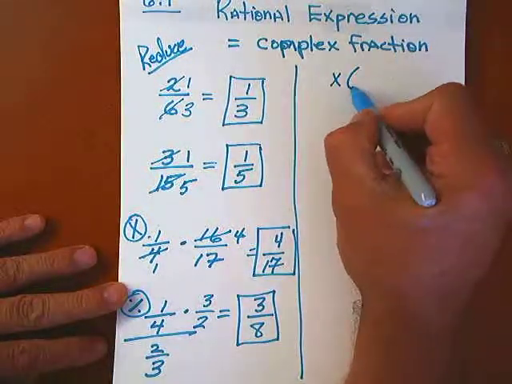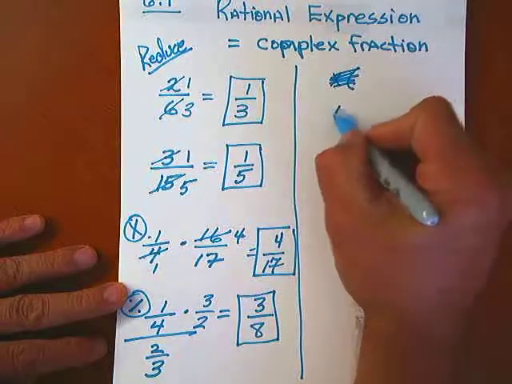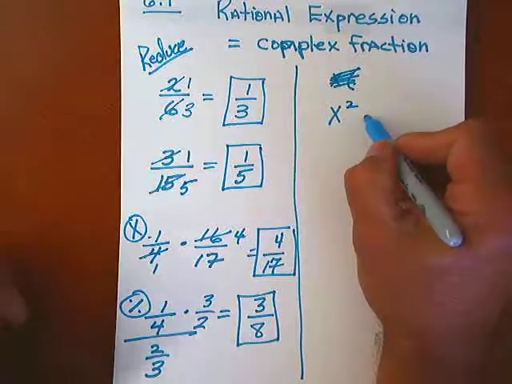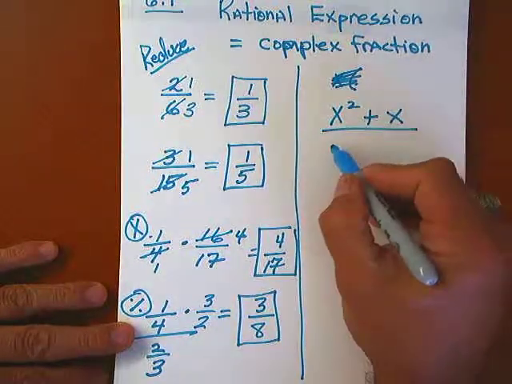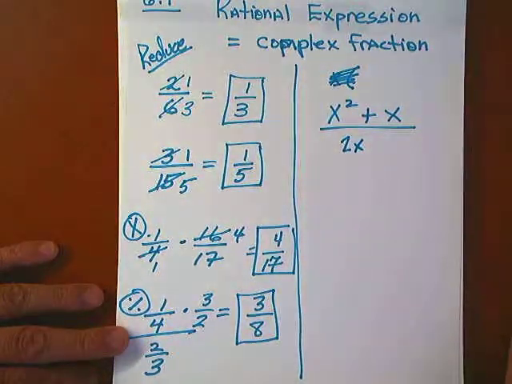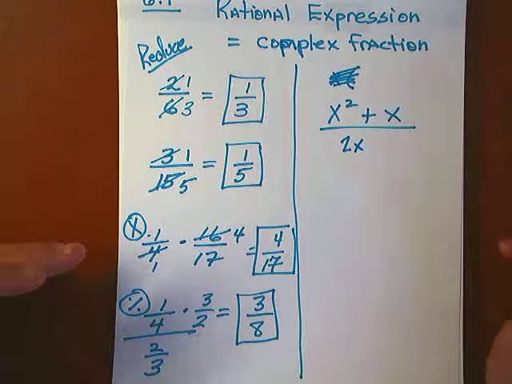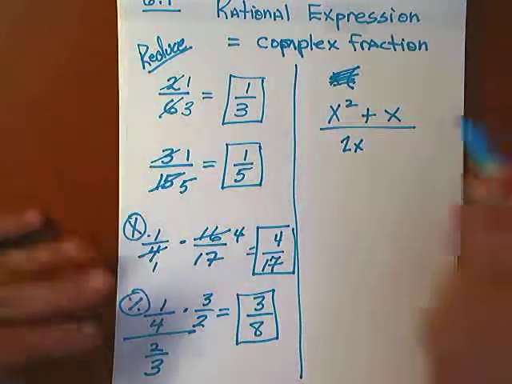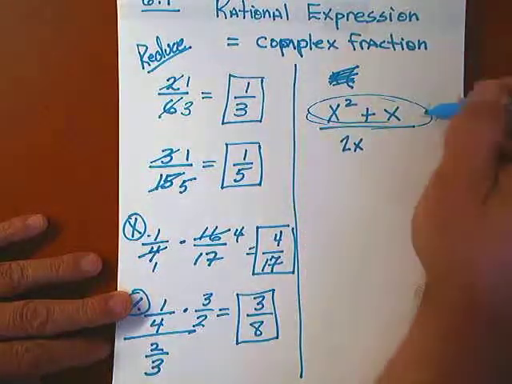This is your complex one. Let me start over. x squared plus x over 2x. And what do we do here? Well, you can't do anything except factor out a common term up here.